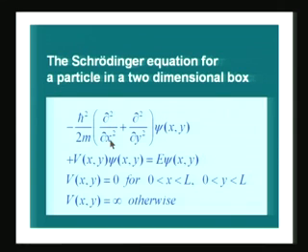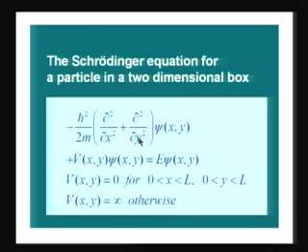Now it is a partial derivative because you have 2 coordinate variables, and dou square by dou y square. This whole term, minus h bar square by 2m, represents the kinetic energy of the particle, and with the potential energy V, the left hand side is the Hamiltonian acting on the wave function, equal to E times the wave function. Again it is H psi equals E psi.